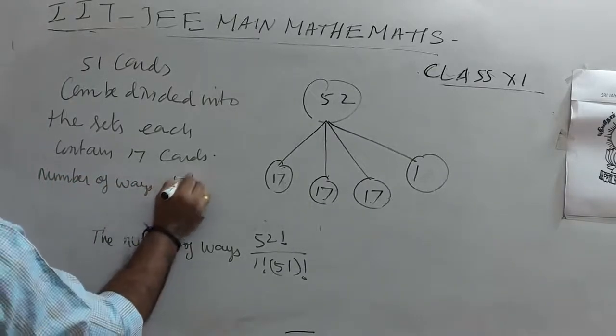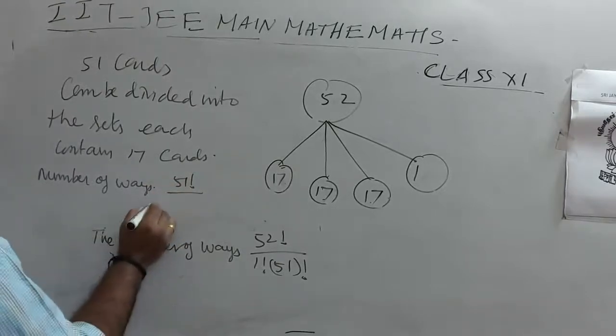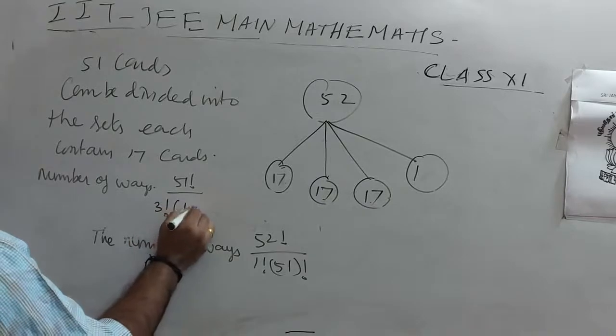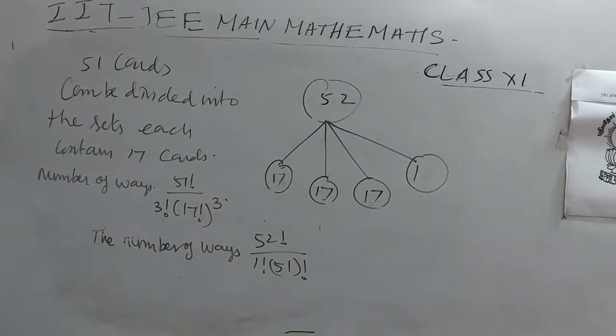Number of ways is 51 factorial divided by 3 groups, (17 factorial) whole power 3.